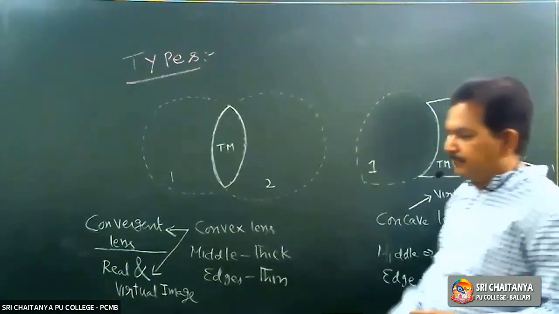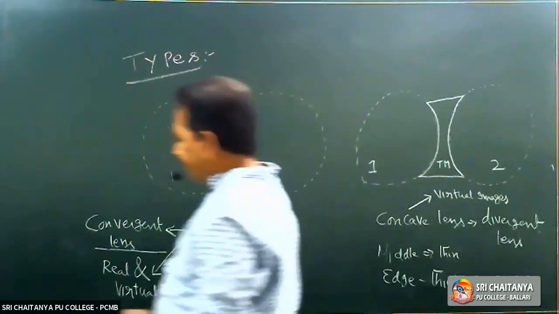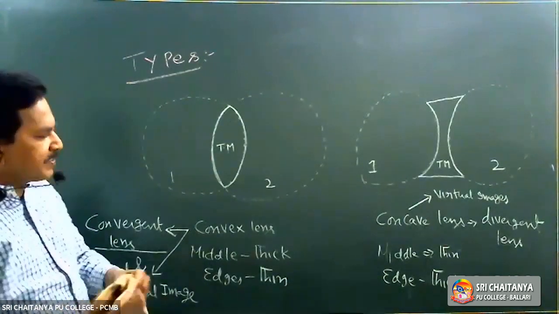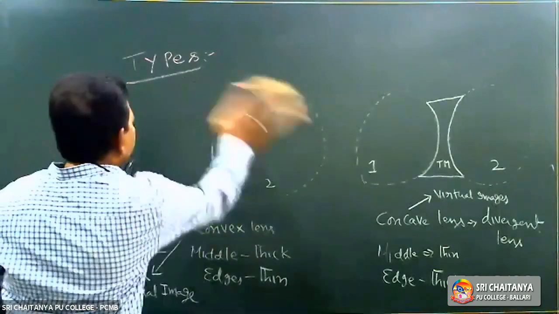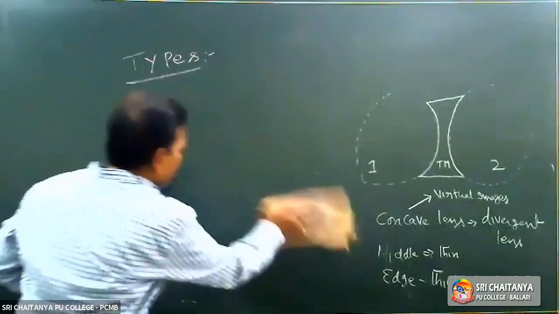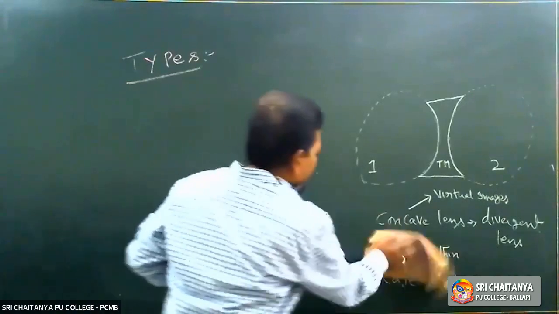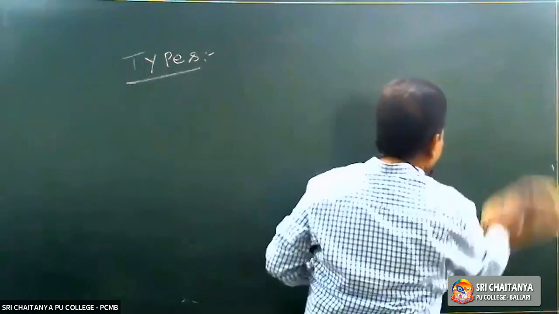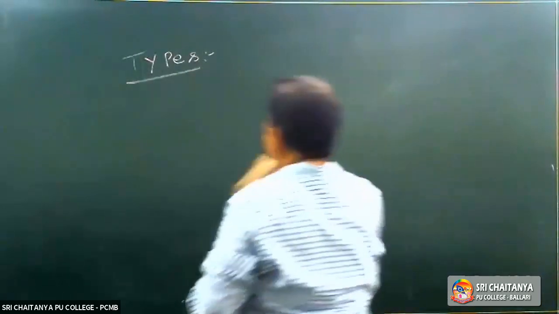Convex forms both real and virtual images, whereas the concave lens forms virtual images. Now let us consider some important definitions in the case of lens.